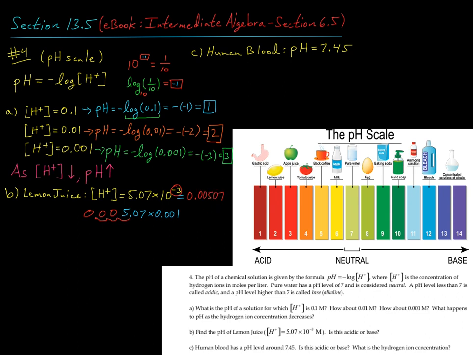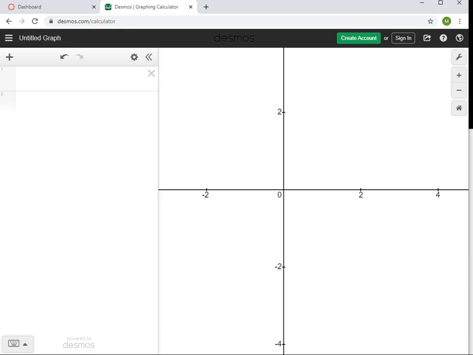So 0.00507. To find the pH level here, we can say the pH of lemon juice will be the opposite of the log of its H plus level. This is 0.00507. I'll just use a calculator because I can't really do that one by hand.